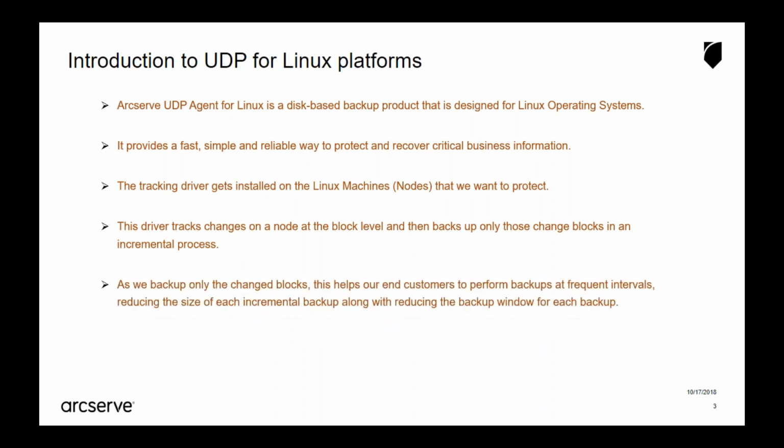And since we just back up the changed blocks, we have two advantages. One, it helps our customers to run more frequent backups at regular intervals, and it also reduces the backup window for each of the backups.